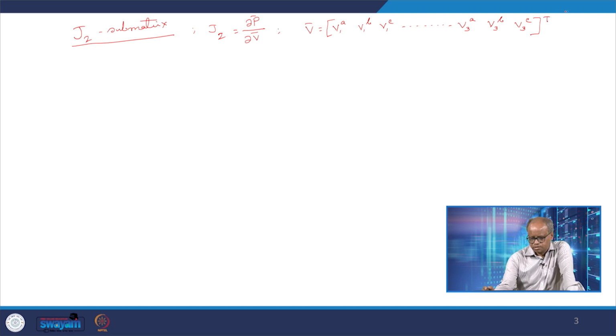So for this case it is 9 cross 1 in general.